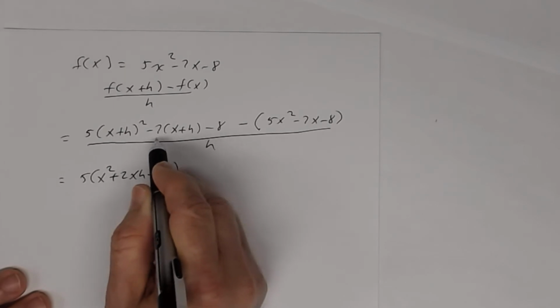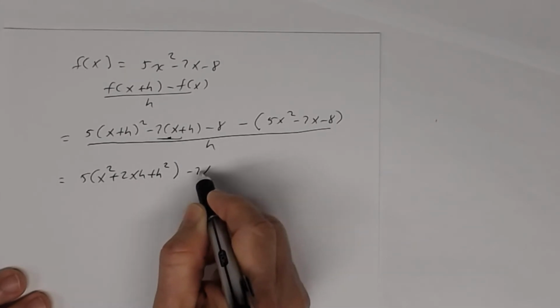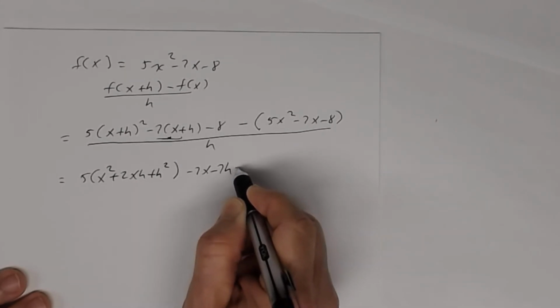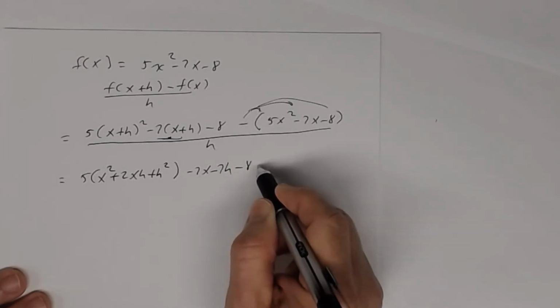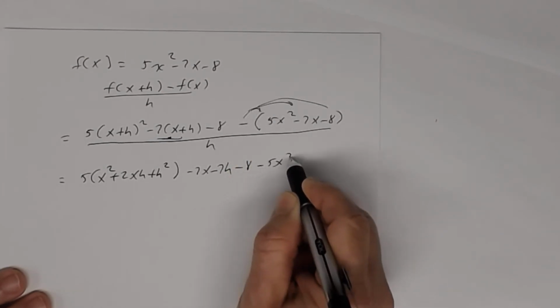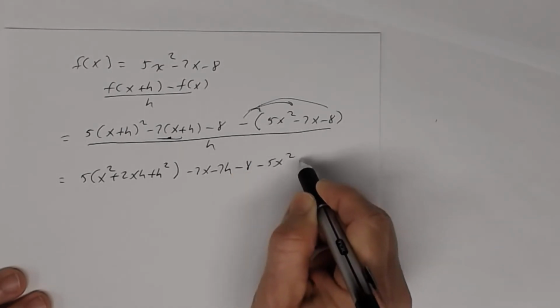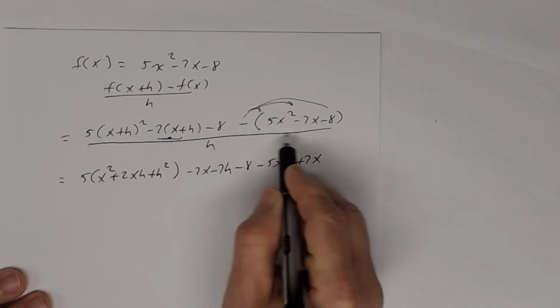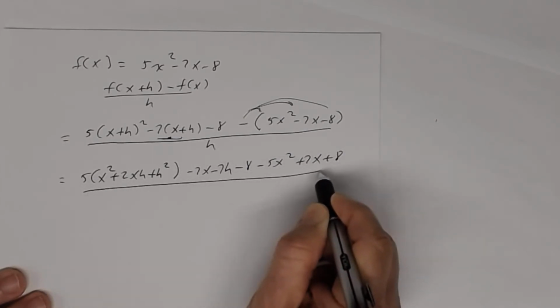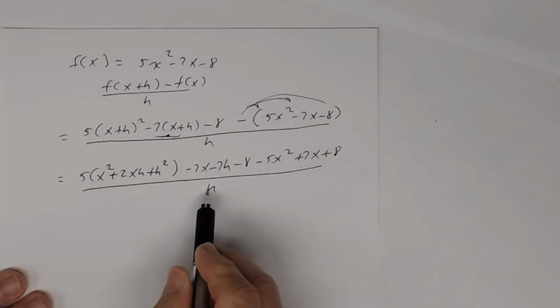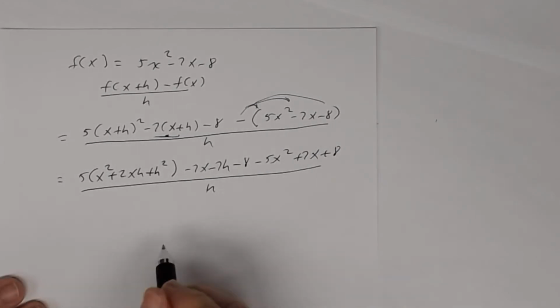And then let's go ahead and distribute here. So I get minus 7x minus 7h minus 8. And then let's go ahead and distribute here. You're going to get minus 5x squared. The opposite of a negative 7x is a positive 7x. The opposite of a negative 8 is a positive 8. All of that is being divided by h. So don't forget, you must say divide by h.